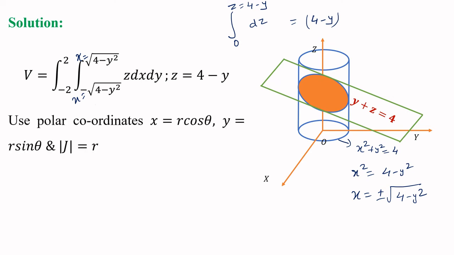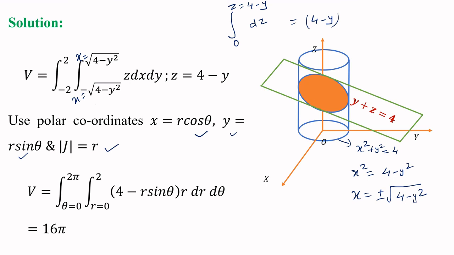So how do we solve this? We use here the polar coordinate, because in the circular region it is quite easy to get. So the required transformation will be x is equal to r cos theta, y is equal to r sin theta, and the Jacobian J will be r, that you know.